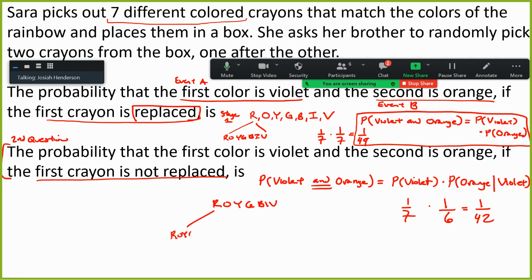See how there's just 6 left over that it could be. And this is where the 42 is coming from. If we tallied all these up underneath, see, I don't have space for this. No one does. But this will add up to 42 if we wanted to see all those outcomes on paper.